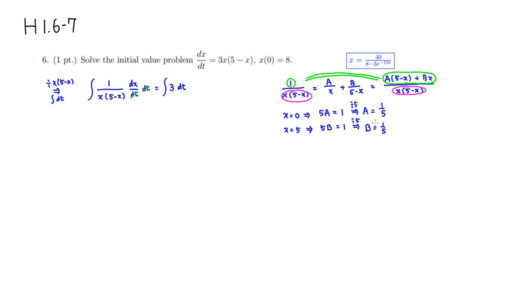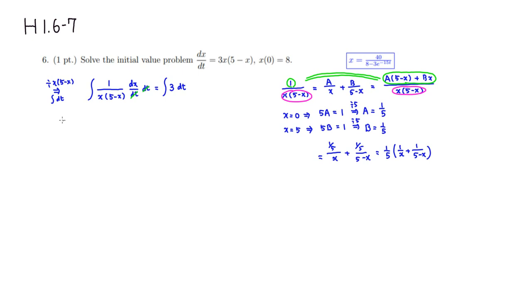So this partial fraction is going to look like 1/5 over x plus 1/5 over 5 minus x. But we can pull out the 1/5 because both of them have it, so you have 1/5 times (1 over x plus 1 over 5 minus x).